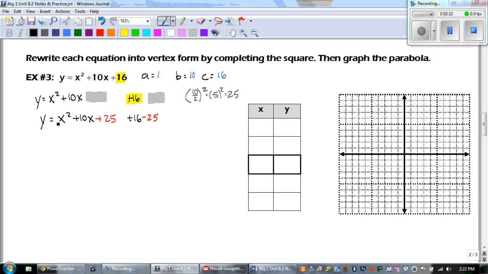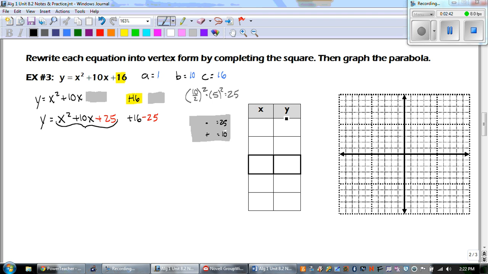Now, the first part we have to factor. Off to the side, I want to think of what numbers multiply to get 25 and add to get 10.